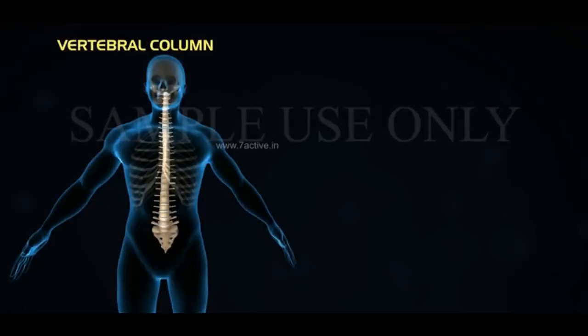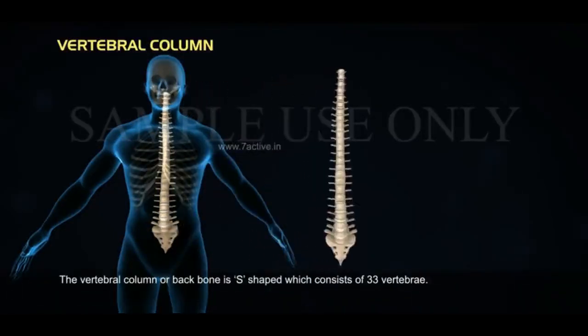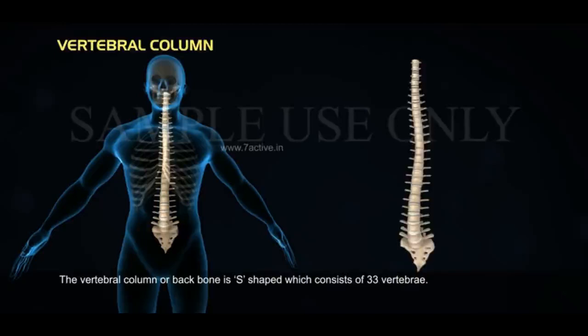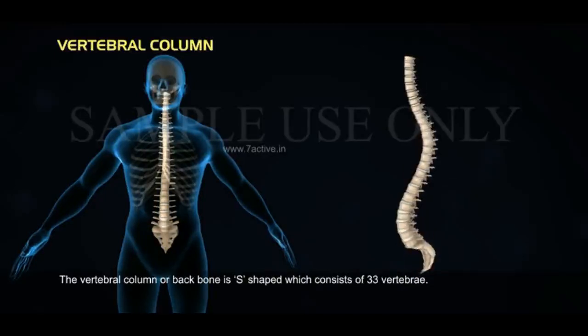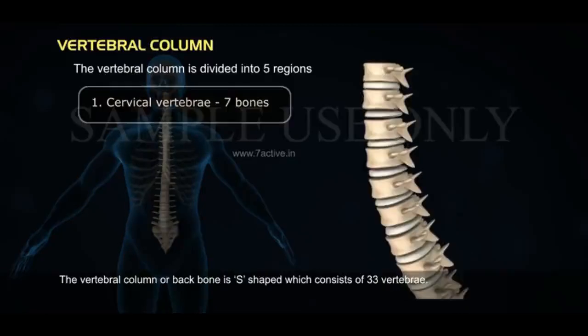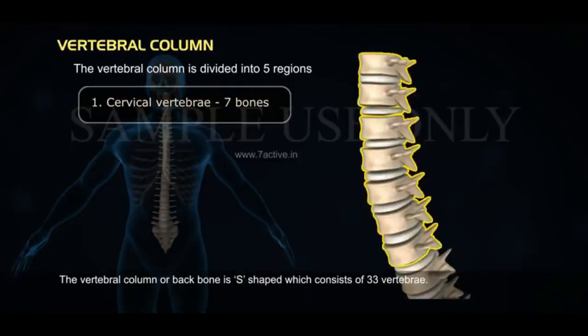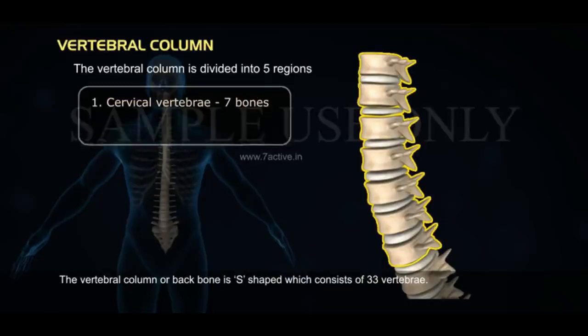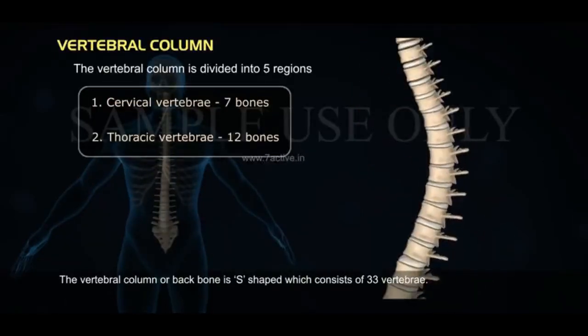Vertebral column. The vertebral column or backbone is S-shaped, which consists of 33 vertebrae. The vertebral column is divided into 5 regions. 1. Cervical vertebrae, 7 bones. 2.